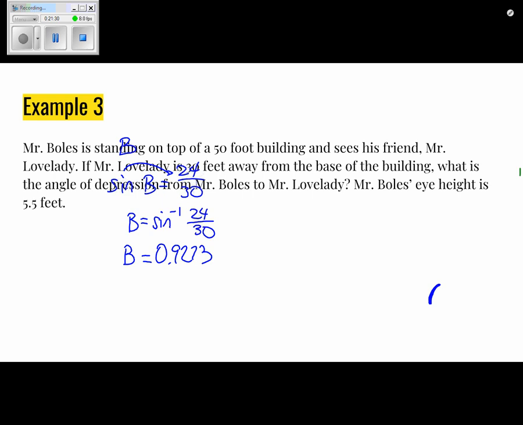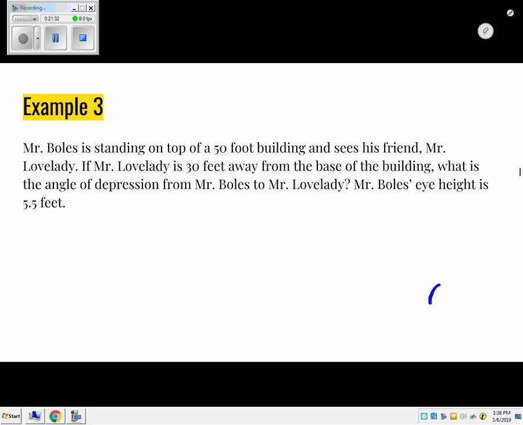Let's do Mr. Bowles real quick. Mr. Bowles is standing on top of a 50-foot building. Let's draw that. Here's Mr. Bowles, right there. That's not me, that's Mr. Bowles. He is standing on top of a 50-foot building and sees his friend, Mr. Lovelady.